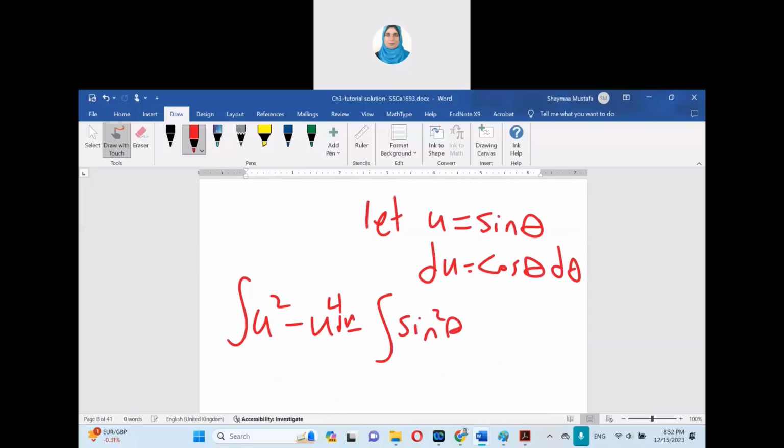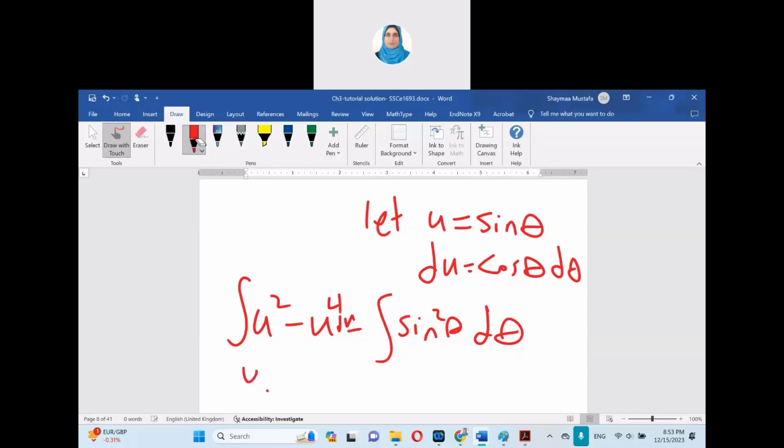Now for sine square, you have to use the identities. The identity for sine square is based on the identity of cos 2 theta. So this one, u square, maybe we can integrate.